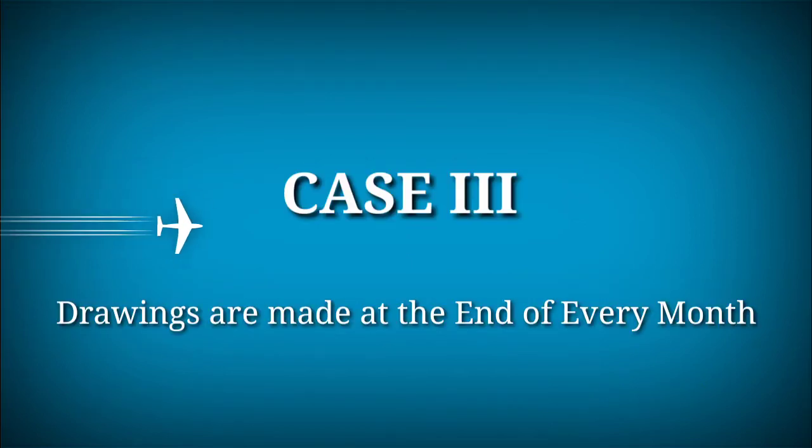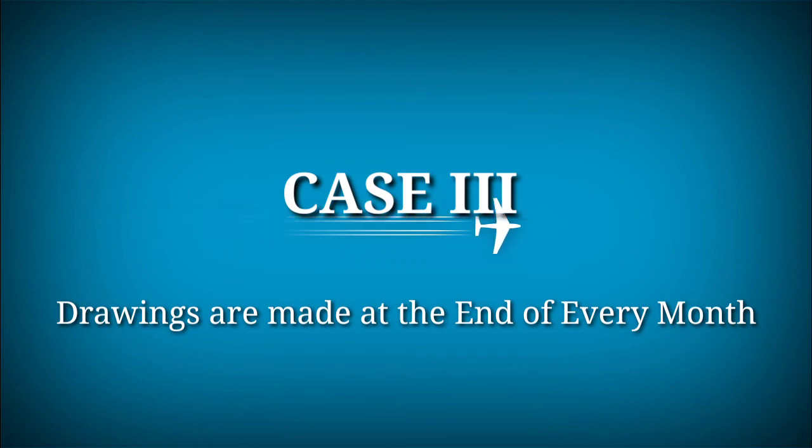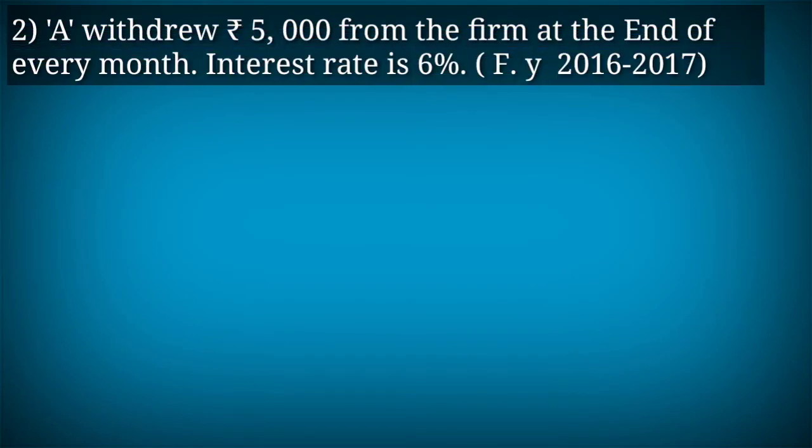The last case, when drawings are made at the end of every month or at the last day of every month. In this question, A withdrew rupees 5,000 from the firm at the end of every month. Interest rate is 6% and financial year is 2016-2017.